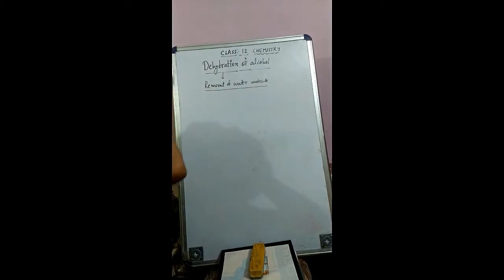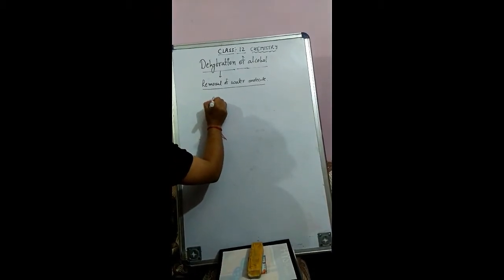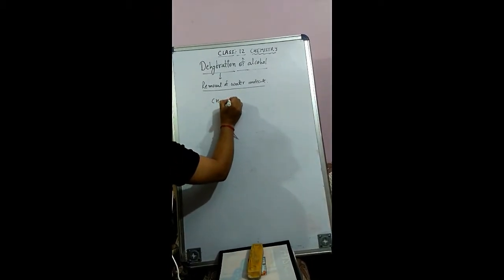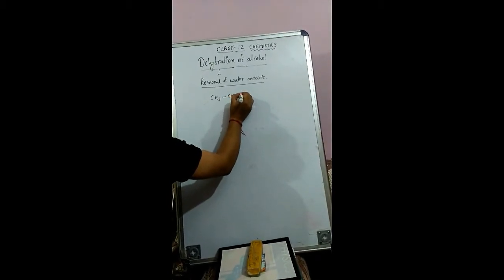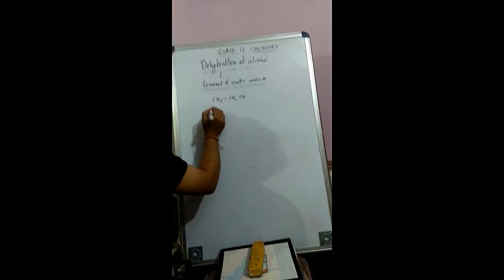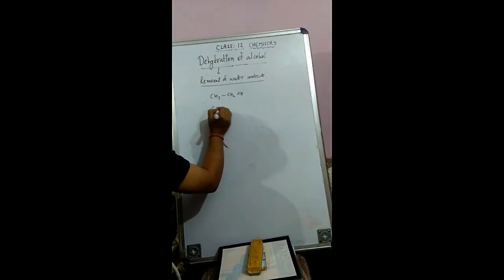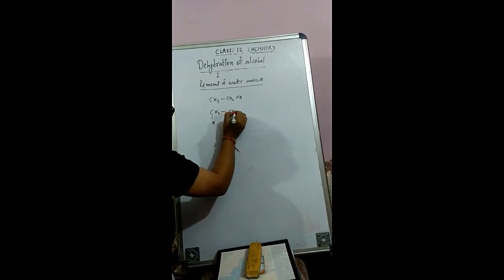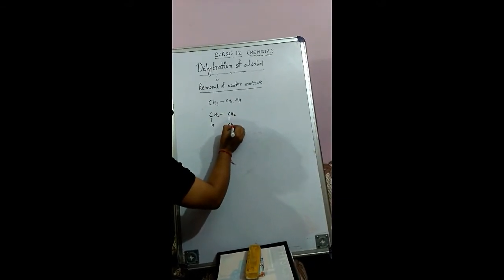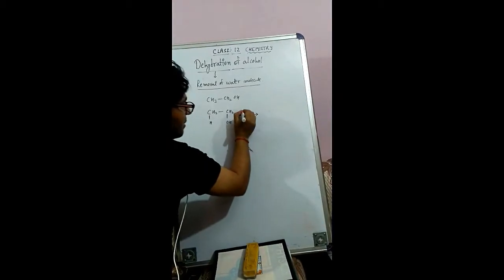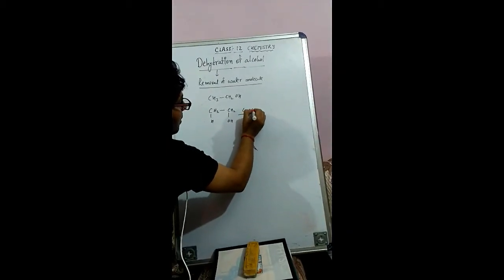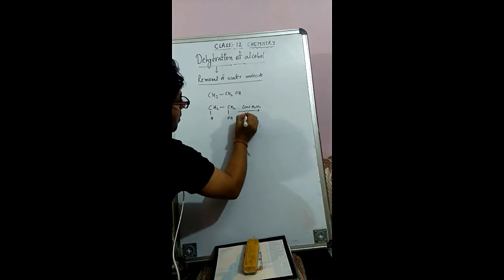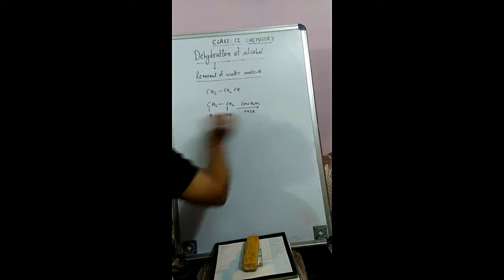Suppose I have an alcohol, this is CH3CH2OH, the ethyl alcohol. I can write this ethyl alcohol in this form: CH2 single bond H single bond CH2 single bond OH, in the presence of concentrated H2SO4 at 443 Kelvin.